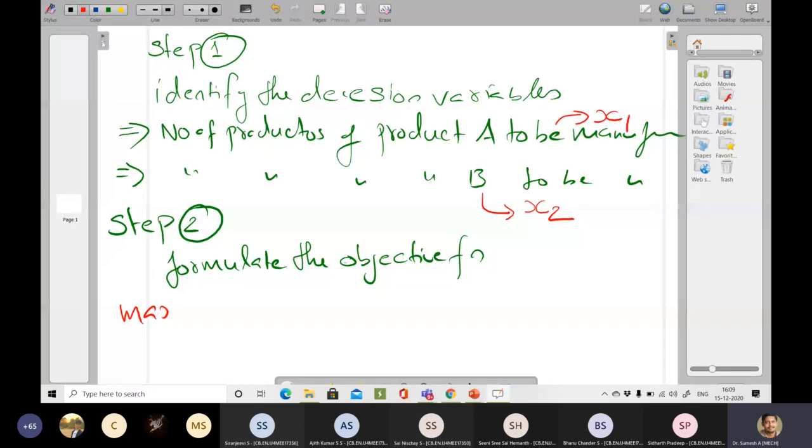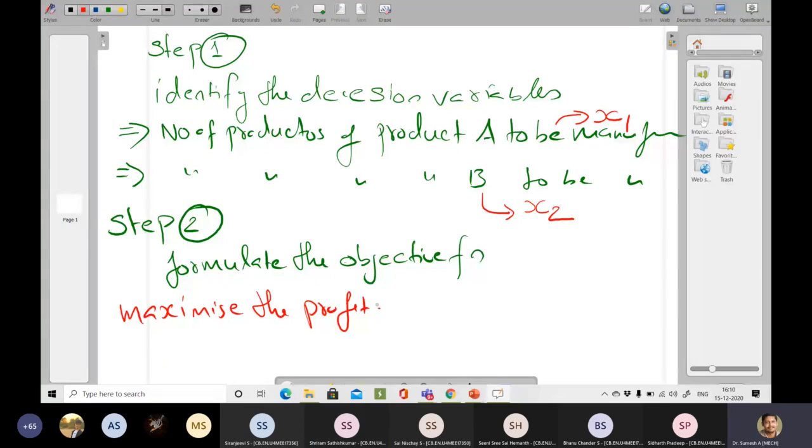So how can you get the profit statement from here? 6x1 plus 5x2 is the maximum value. Yeah, exactly.